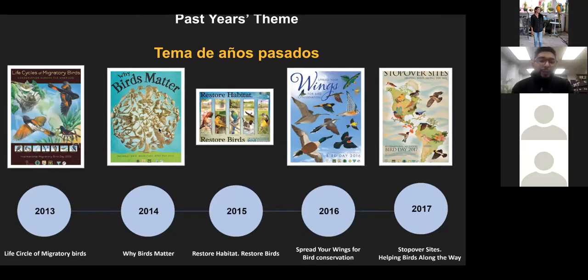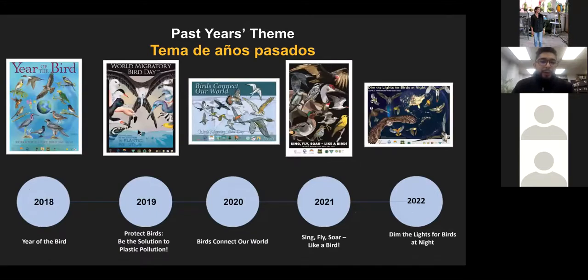Then we had habitat restoration, and stopover sites was also a theme that we've explored in the past. And lastly, in the last 5 years, the campaign of World Migratory Bird Day has had a growing participation of the community in Latin America and the Caribbean.